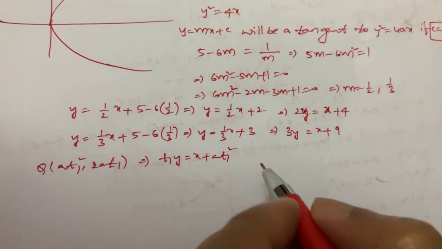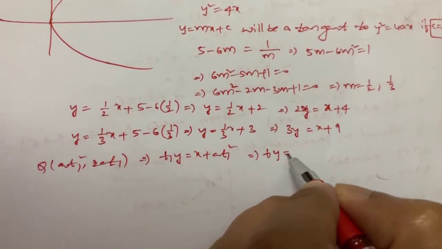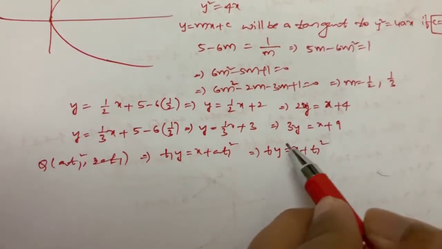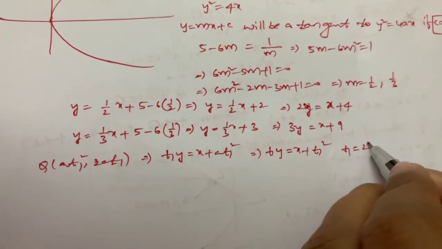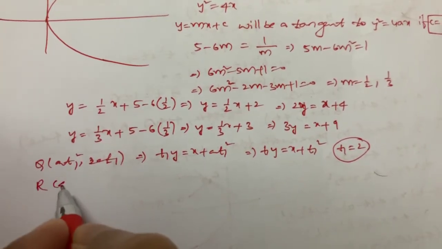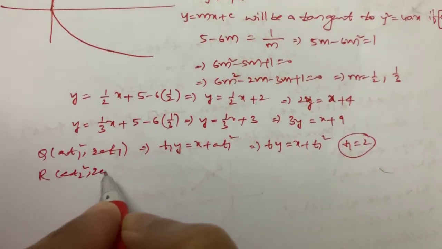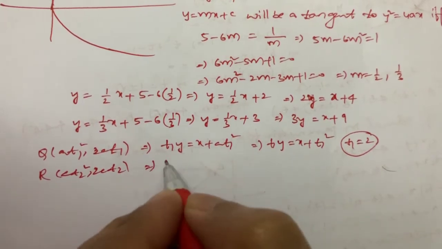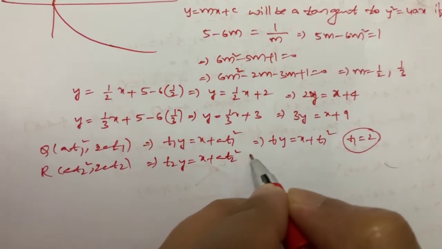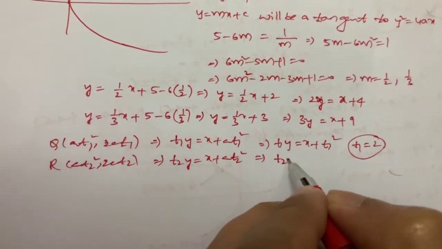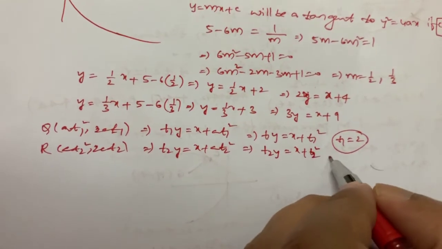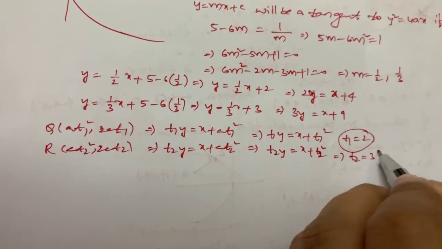Here a is equal to 1, so t1y is equal to x plus t1 square. If you compare with this, t1 is equal to clearly 2. And if I consider R as (at2 square, 2at2), the equation of tangent will be t2y is equal to x plus t2 square. So t2 is equal to 3.